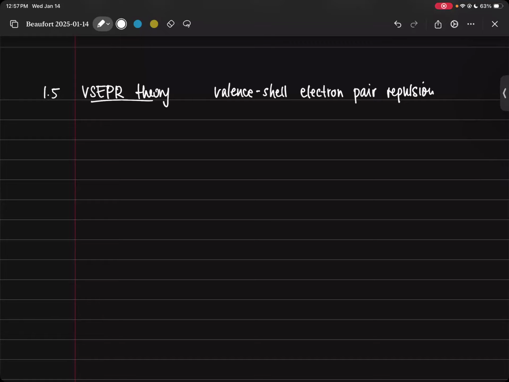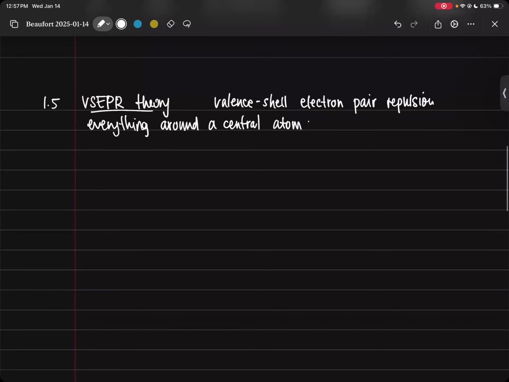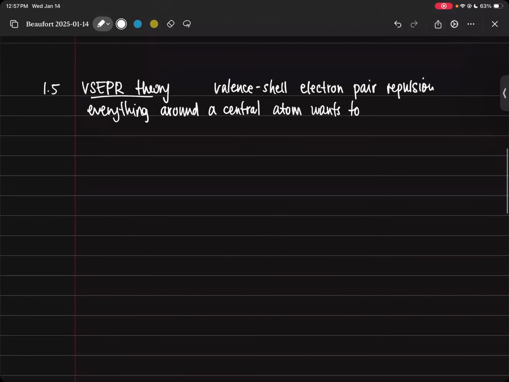So the overall theme of VSEPR theory is that everything around a central atom wants to get as far away as possible from everything else.